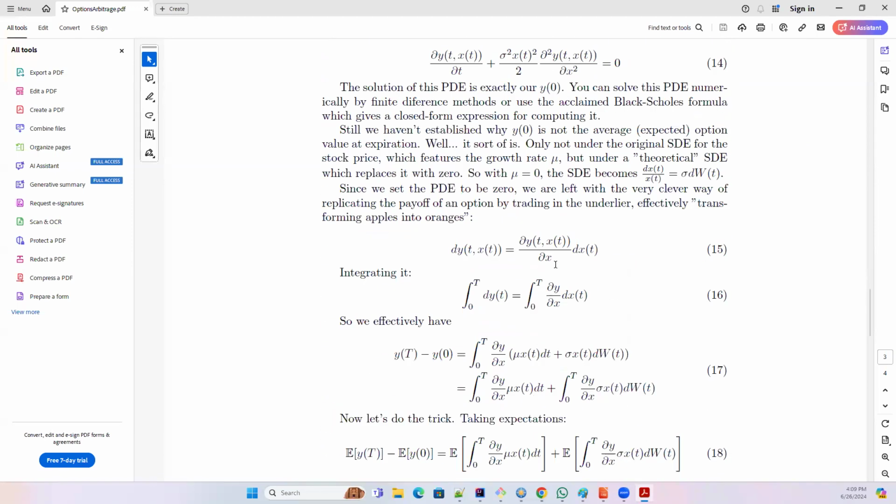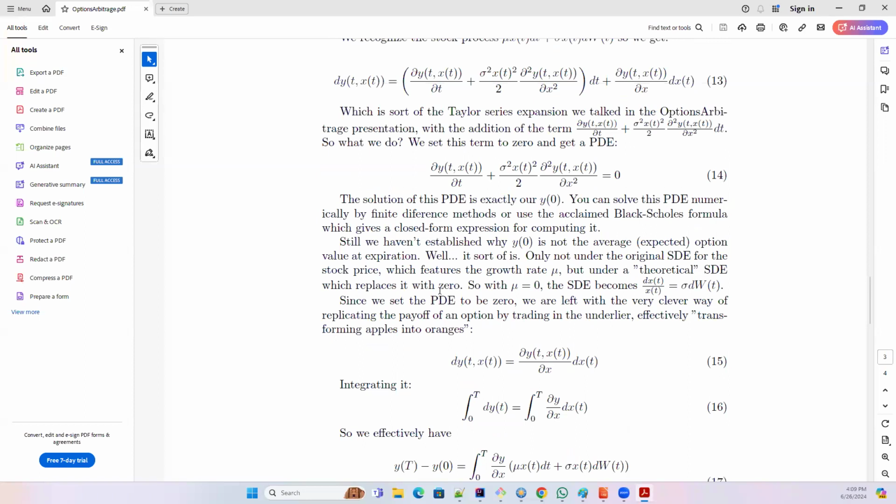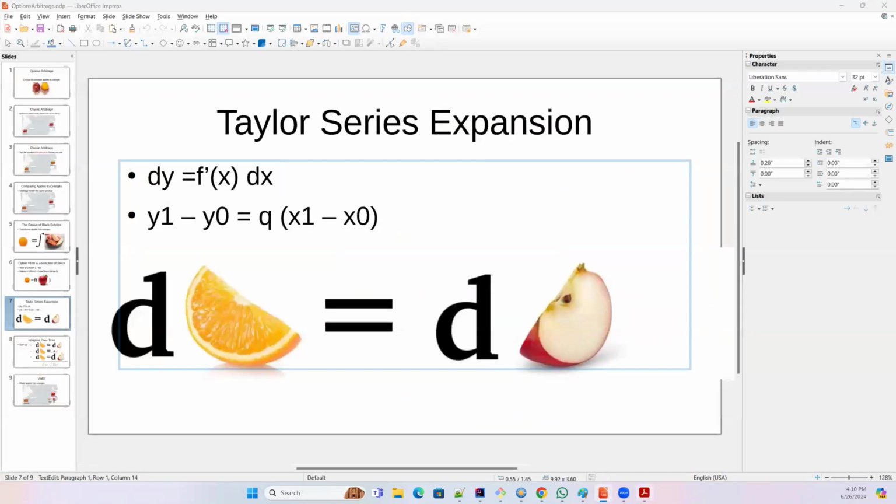So we've set this PDE to 0, and we've obtained the value of the option at moment 0 by solving this PDE. Using this Ito expansion, if we set the PDE to 0, we are left with this. So exactly the Taylor expansion, the simpler stuff from here.